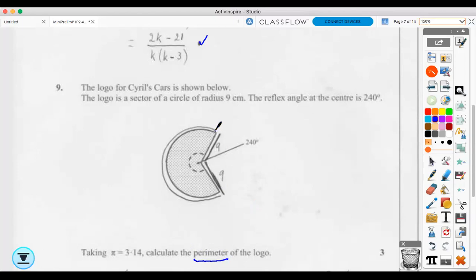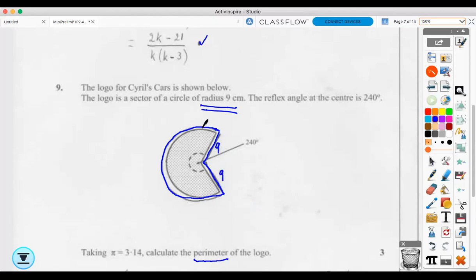The perimeter is the contour, so I'm going from that point to that point, but then you need to finish it off here to here and then finish off there. So I've got 9. I've got 9 because these are the radius. And I need to find this value.